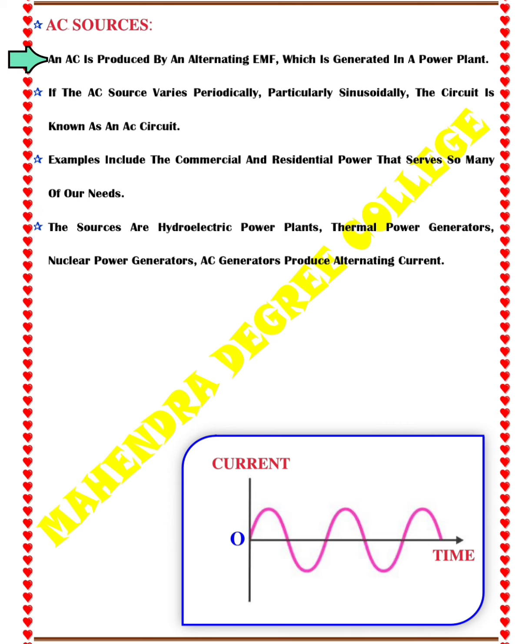AC is produced by an alternating EMF, which is generated in a power plant. It means alternating current is a type of electric current that changes direction periodically. EMF stands for electromotive force, means voltage.